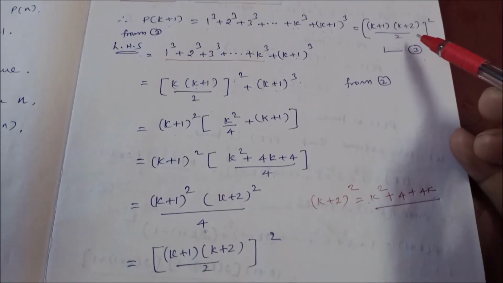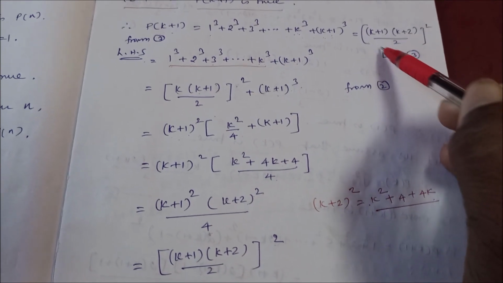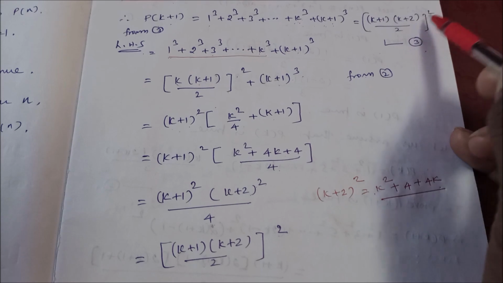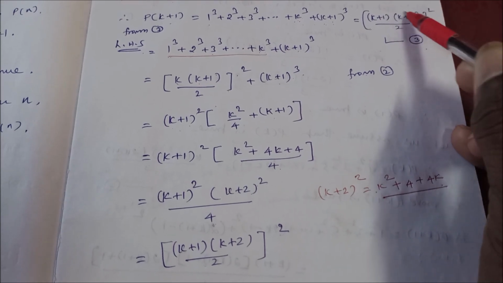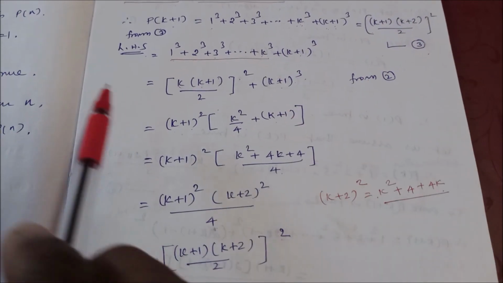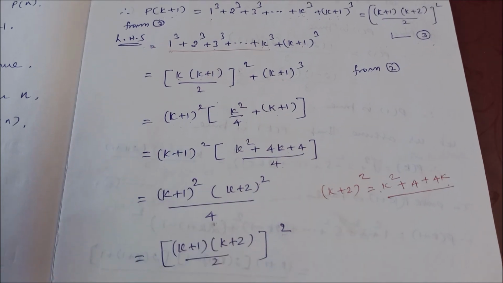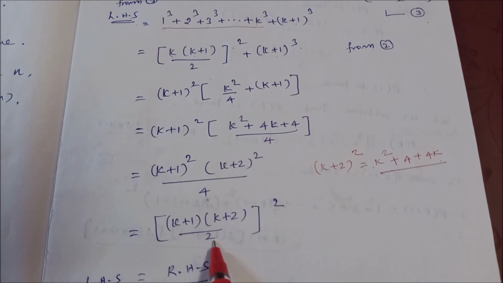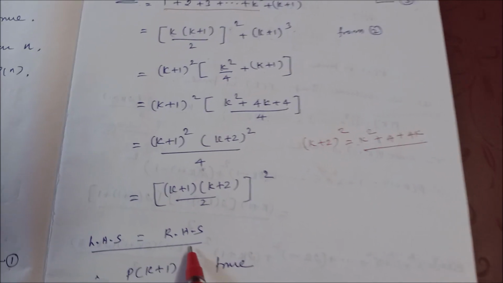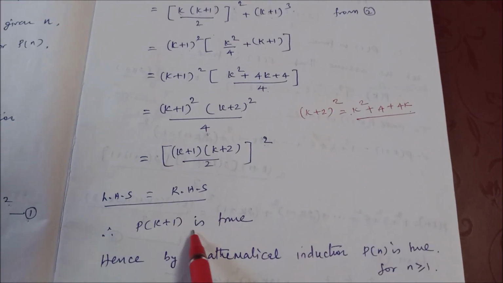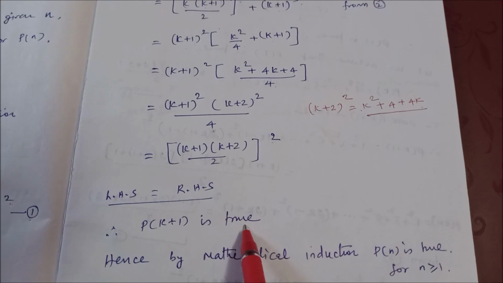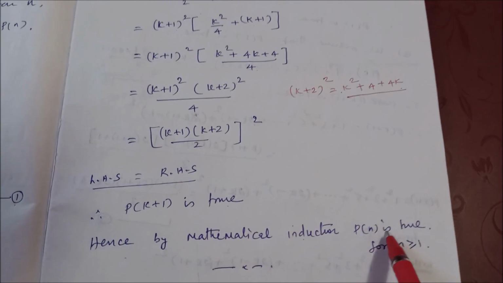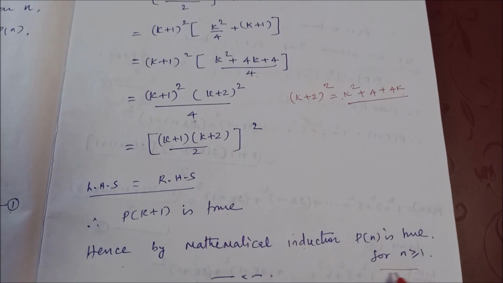The RHS term of k plus 1 is [(k plus 1)(k plus 2) by 2] whole square, as in the RHS of P(k plus 1). Therefore LHS equals RHS, therefore P(k plus 1) is true. Hence by mathematical induction, P(n) is true for n greater than or equal to 1.